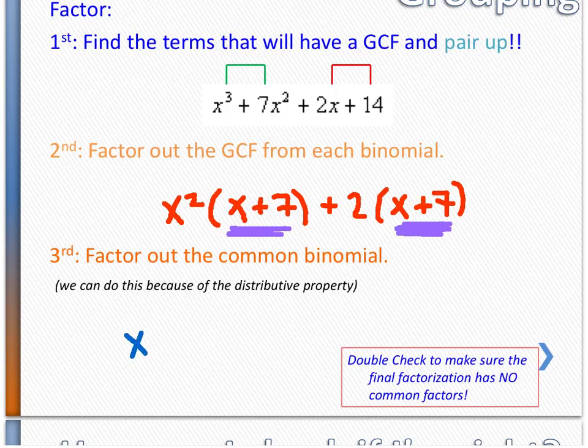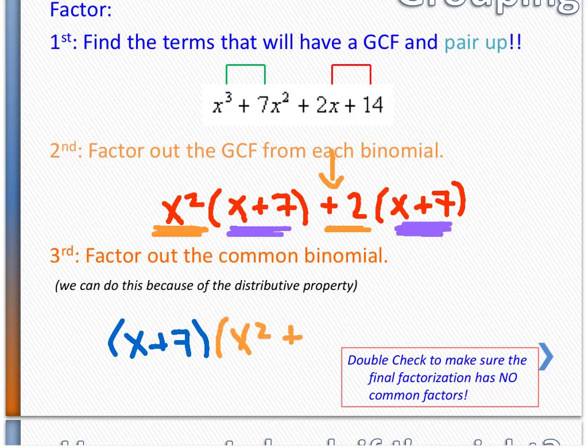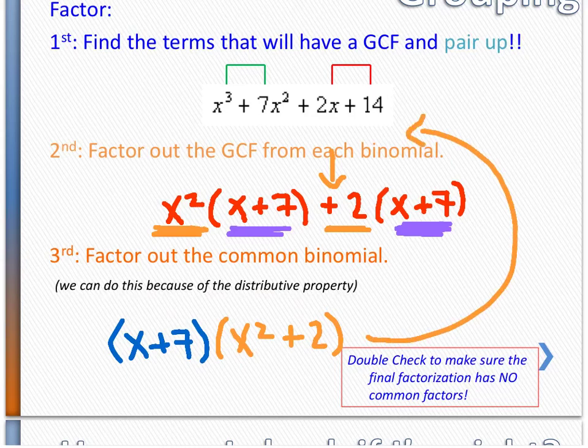So I'm going to pull the x plus 7 out, and then what's left, let me use a different color, what's left stays in another parenthesis, and I carry the sign of this guy. So I'm going to have x squared plus 2. Now if I were to multiply this back through, I would get what I started with. So we just factored by grouping.